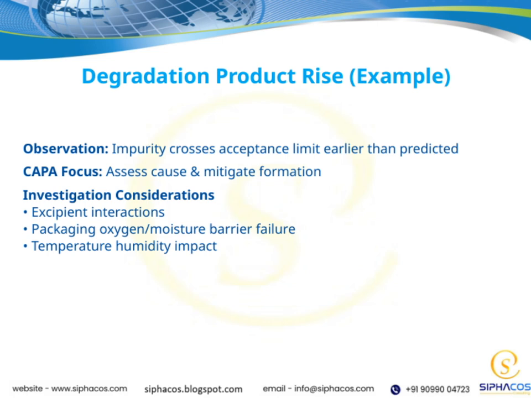Fluctuations in these conditions can impact the stability of the product over time. Connecting this back to our overall theme, the key takeaway is that early detection and thorough investigation of these degradation patterns are crucial. They help us improve product stability, ensure quality, and ultimately safeguard patient safety.